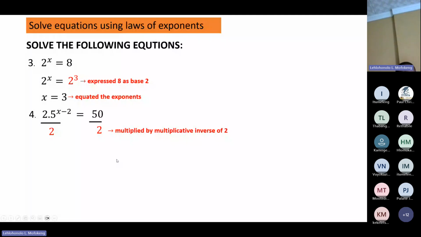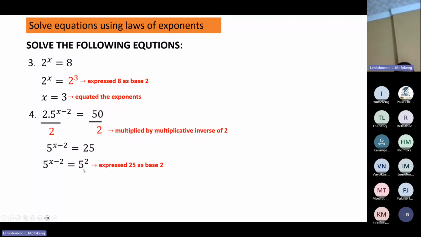After dividing by 2, we have 5 to exponent of x minus 2 equal to 25, because 50 divided by 2 is 25. Then, as we did with number 3, we have to express 25 as base 5.